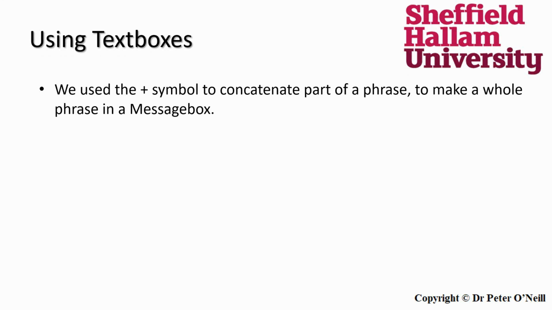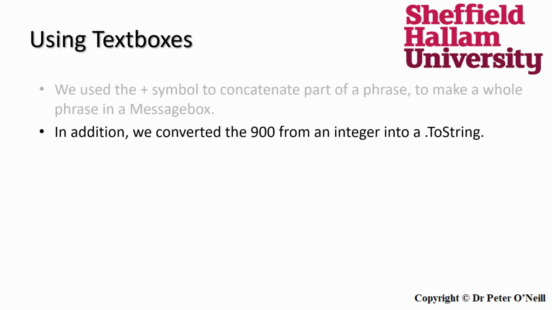And that means that we won't need to use our symbol to concatenate the phrase together to make it one whole phrase to fit in one message box. But we would still need to convert the 900 into a string because our text box takes text, which is strings.